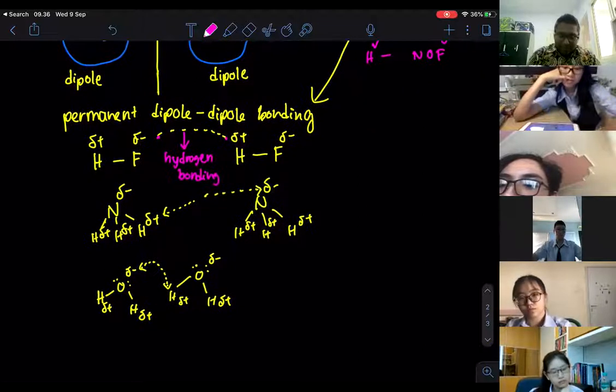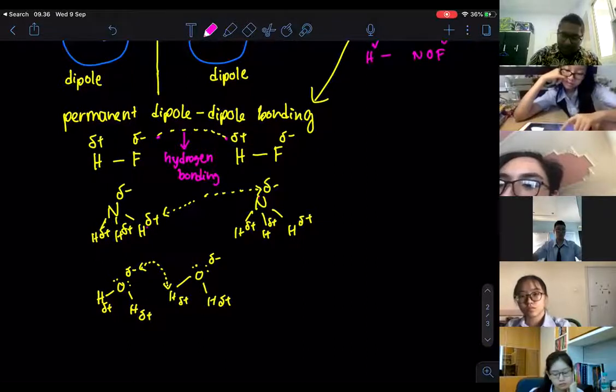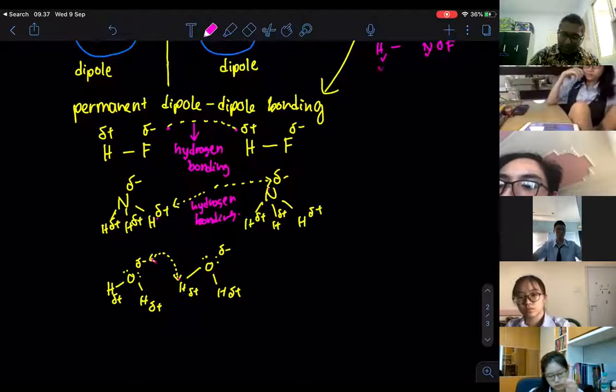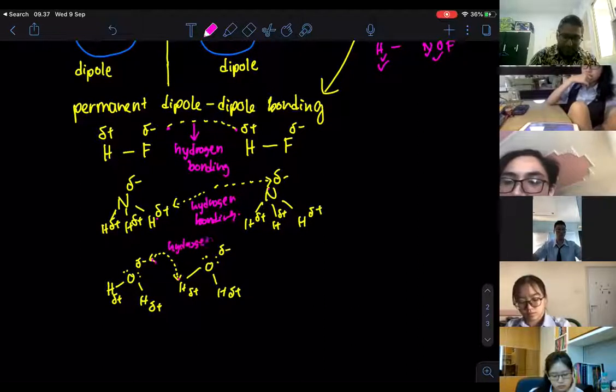This is going to be nitrogen with hydrogen. This is hydrogen bonding. This is hydrogen with oxygen. This is also hydrogen bonding.